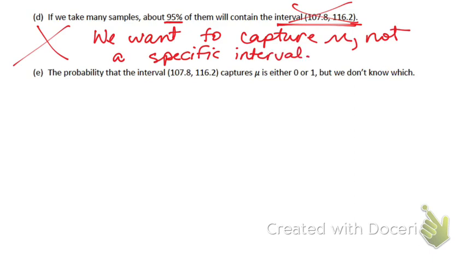Okay, this last one, I have faith in you. Think carefully. The probability that the interval of 107.8 to 116.2 captures mu is either 0 or 1, but we don't know which.